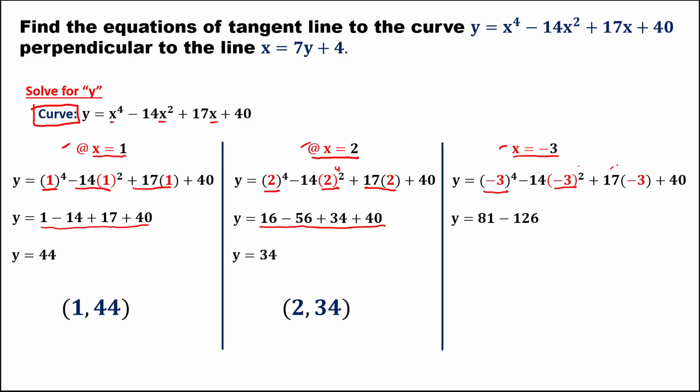Then positive 17 times negative 3 is negative 51. Then bring down the positive 40. Then add all these numbers. So y equals negative 56. So the coordinate is negative 3 and negative 56.